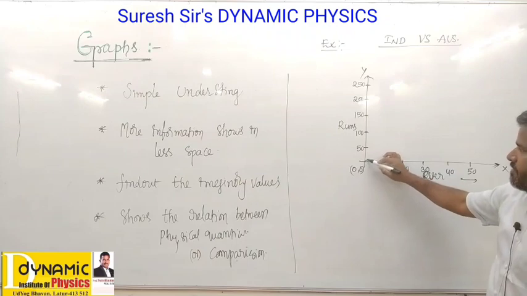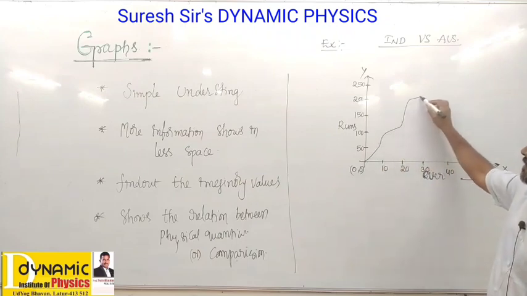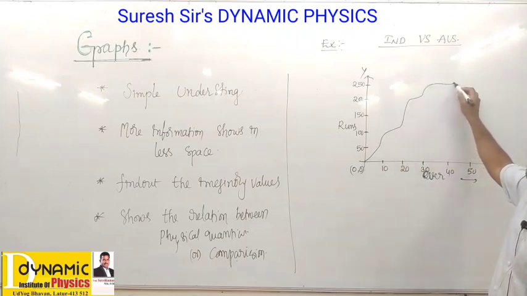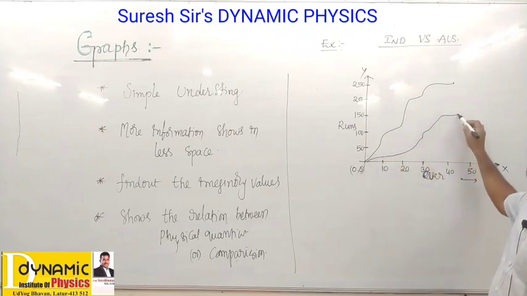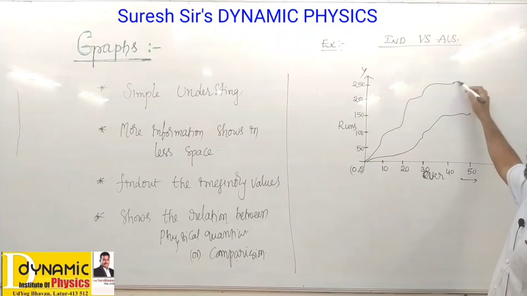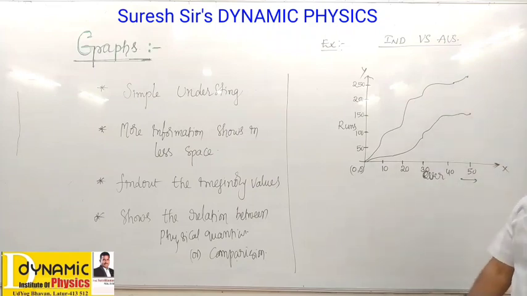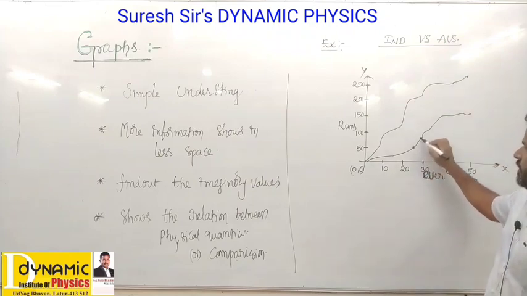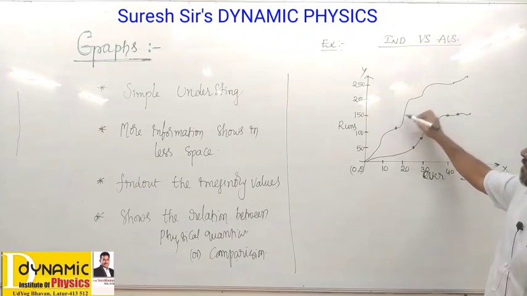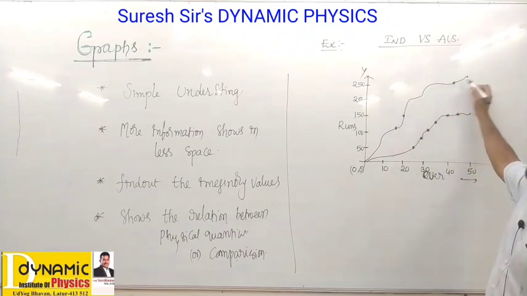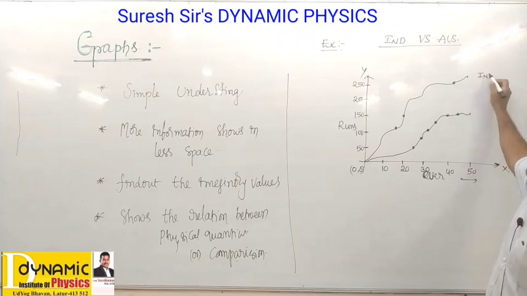So the graph is like this, two curved graphs, India versus Australia.